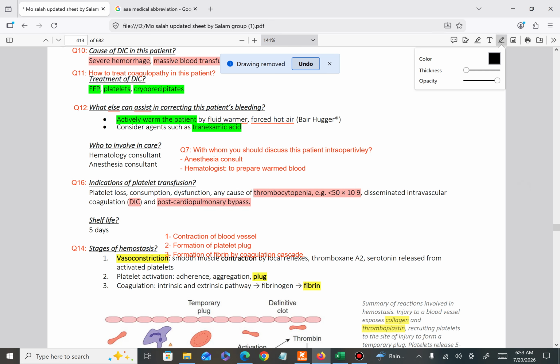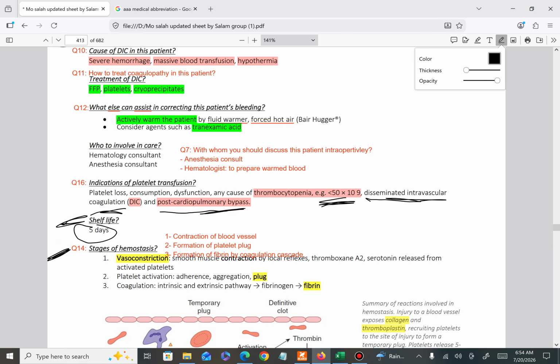So if the platelet count is less than 50,000, then we should give platelets. Then in disseminated intravascular coagulation, we must give platelets, and also post cardiopulmonary bypass. So these are the indications of platelet transfusion. Then the shelf life of platelets is 5 days.